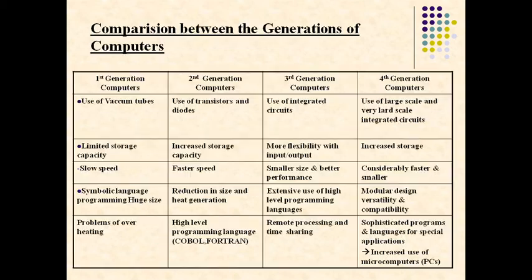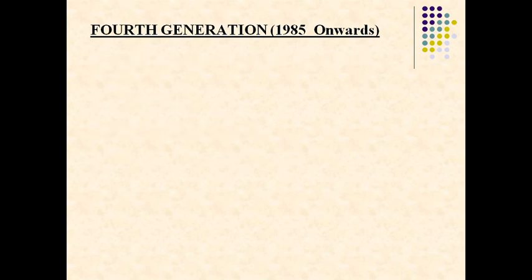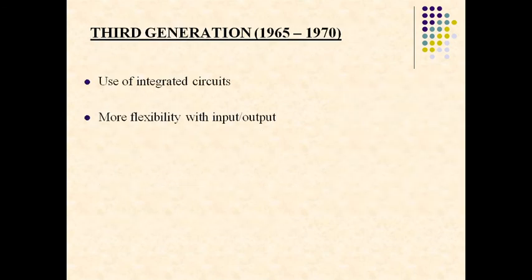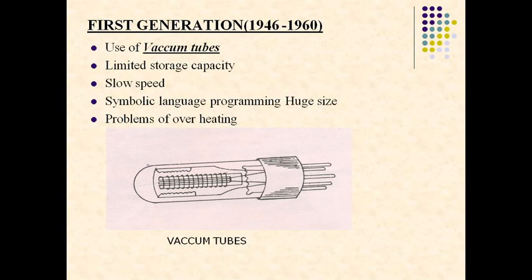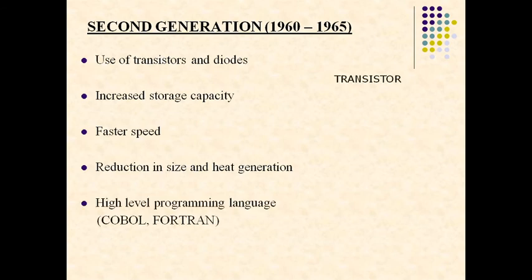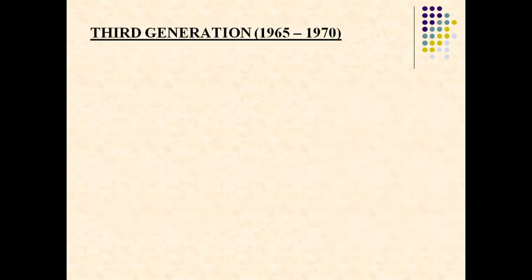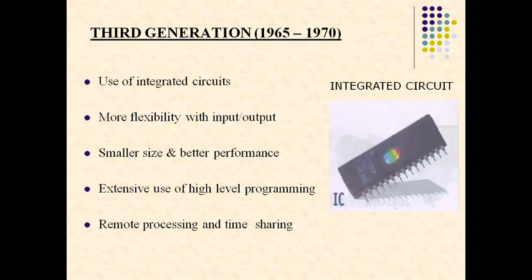Okay students, so these are the different generations of computers we discussed in today's class. The first generation is between 1946 and 1960, the second generation between 1960 and 1965, and the third generation between 1965 and 1970, that is integrated circuits.